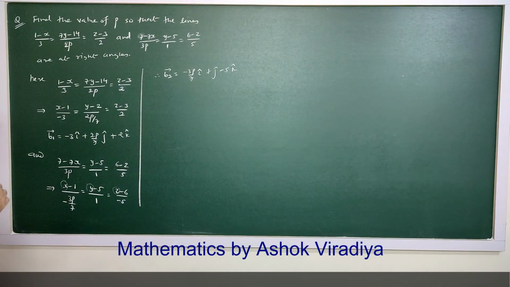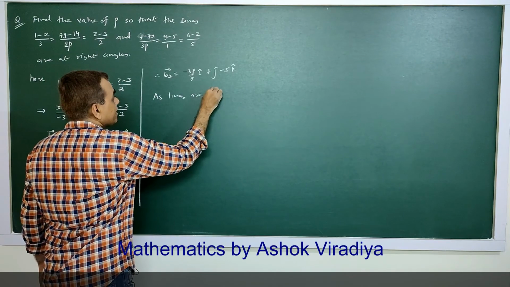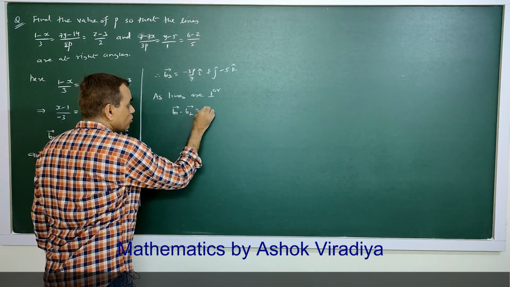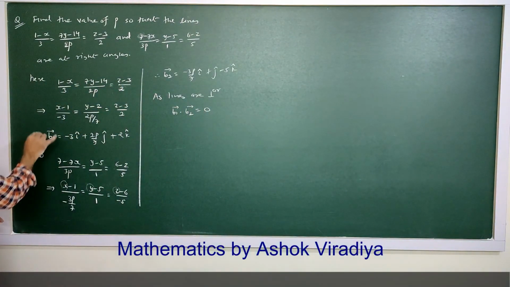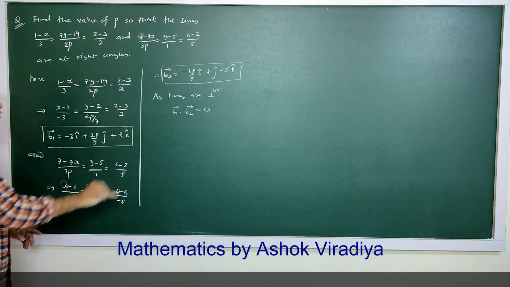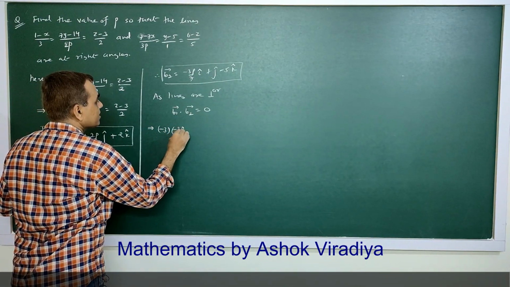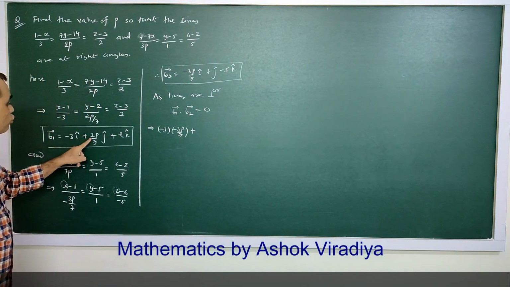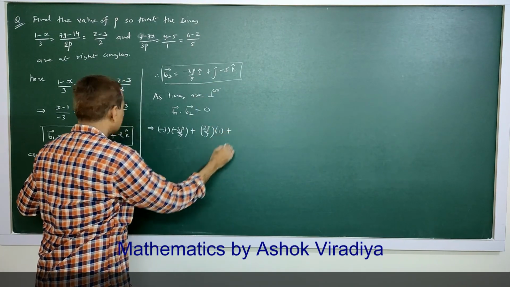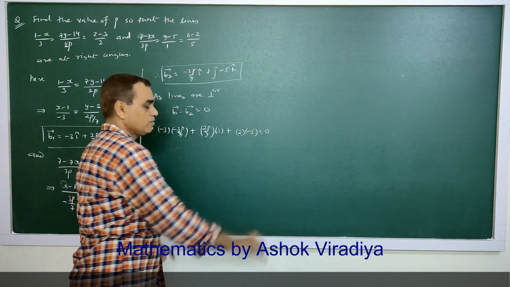Now here given that lines are perpendicular, as lines are perpendicular, dot product of b1 and b2 is 0. This is b1, this is b2. Dot product is 0, that means minus 3 into minus 3p by 7 plus 2p by 7 into 1 plus 2 into minus 5 is 0.